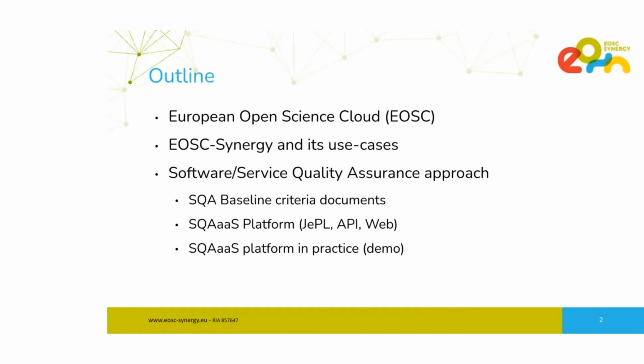And then the main part of the talk is about the software and service quality assurance approach which we are taking, and which includes baseline criteria documents for both software and services, and then the corresponding SQAaaS, software quality assurance as a service platform with its components, and then a little demo of this platform.